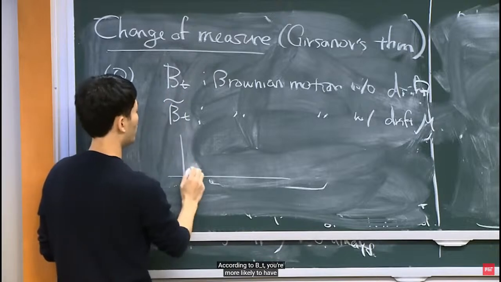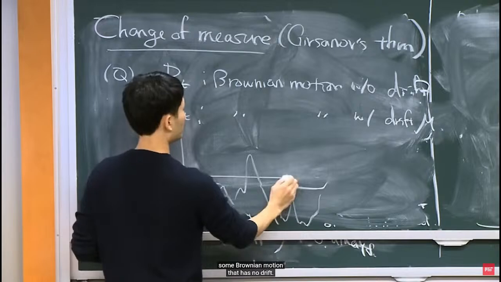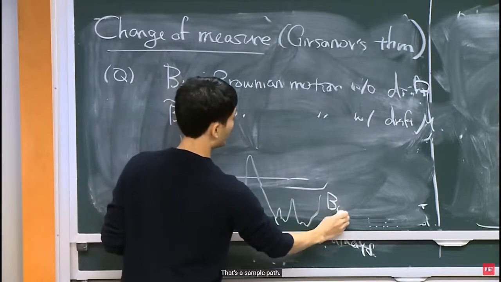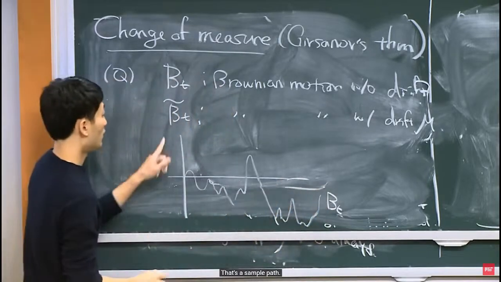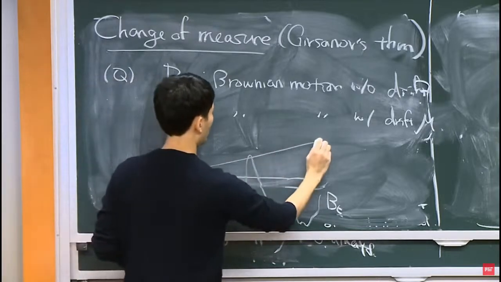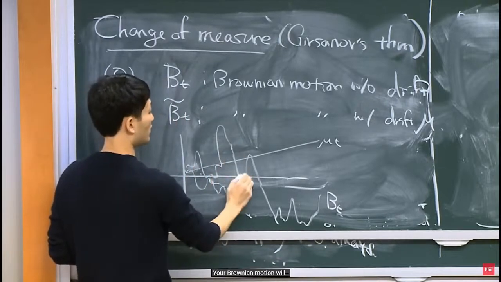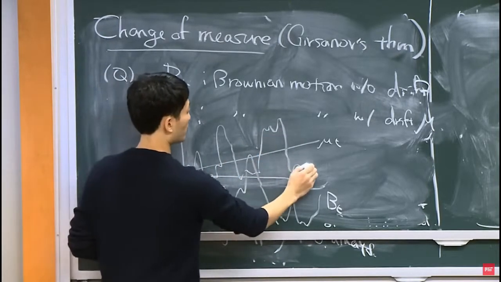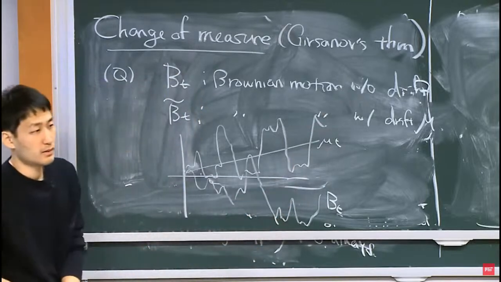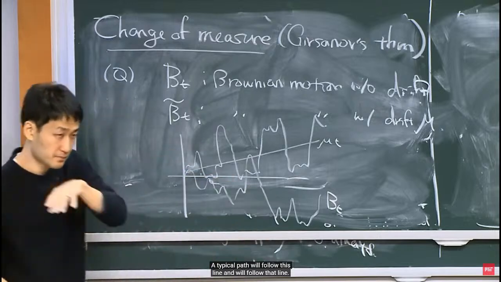According to B, you're more likely to have some Brownian motion that has no drift. Let's say that's a sample path. According to B tilde, you have some drift, and your Brownian motion moves closer to this. So a typical path will follow this line and will follow that line.